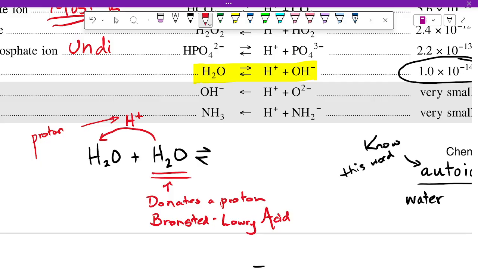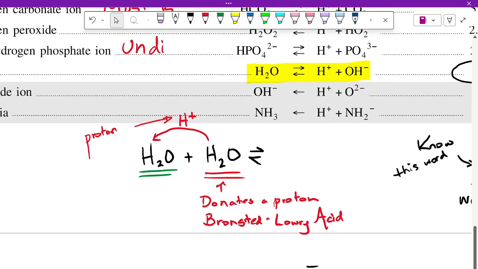Okay. What is this other water doing? It's receiving one. It is accepting a proton. Therefore, what do we call it?